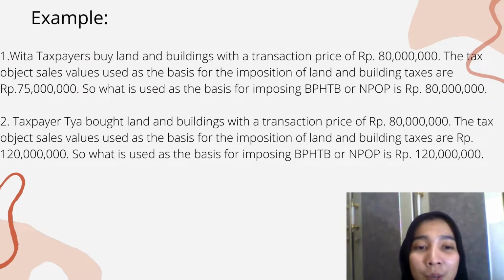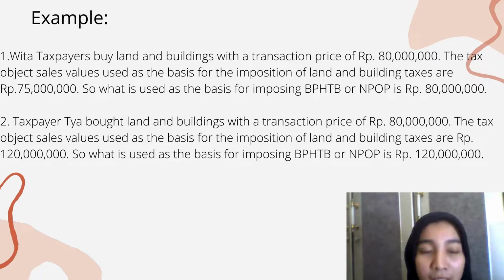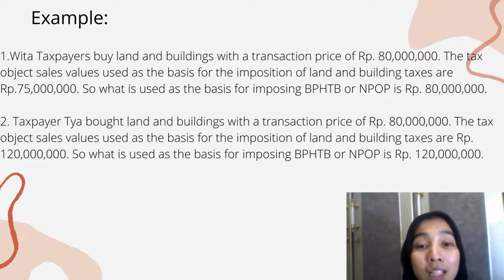Okay, there are two examples of how we determine the NPOP value. Number one: if the transaction price is higher than the tax object sale value, we use the transaction price to determine the NPOP.